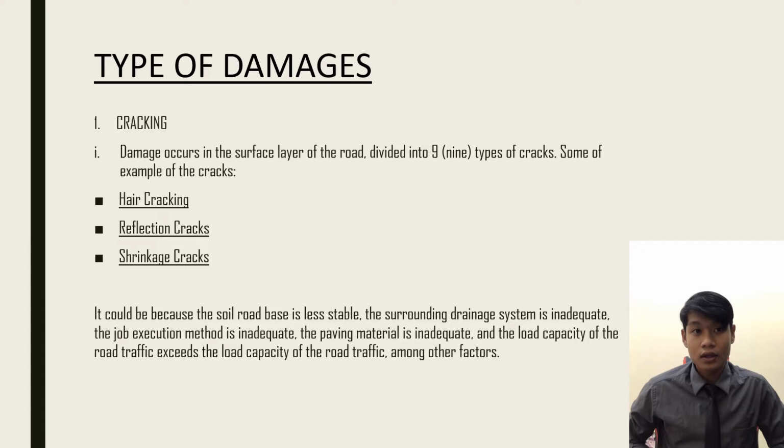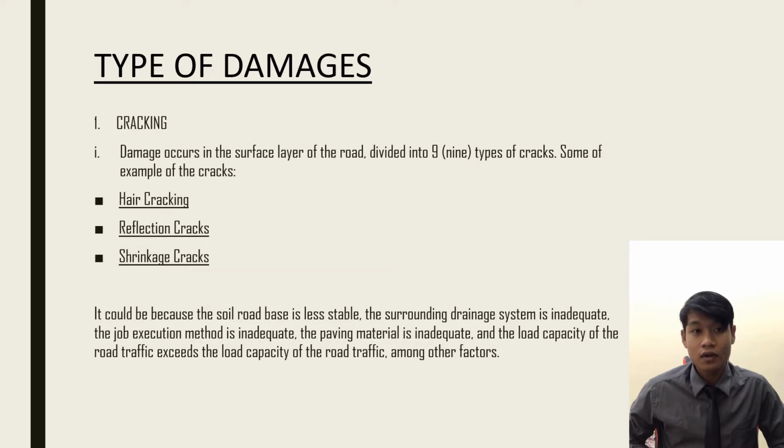Okay, the first type of damage on the road is cracking. Damage occurs in the surface layer of the road, divided into 9 types of crack. Some examples of the crack are hair cracking, reflection crack, and shrinkage crack.